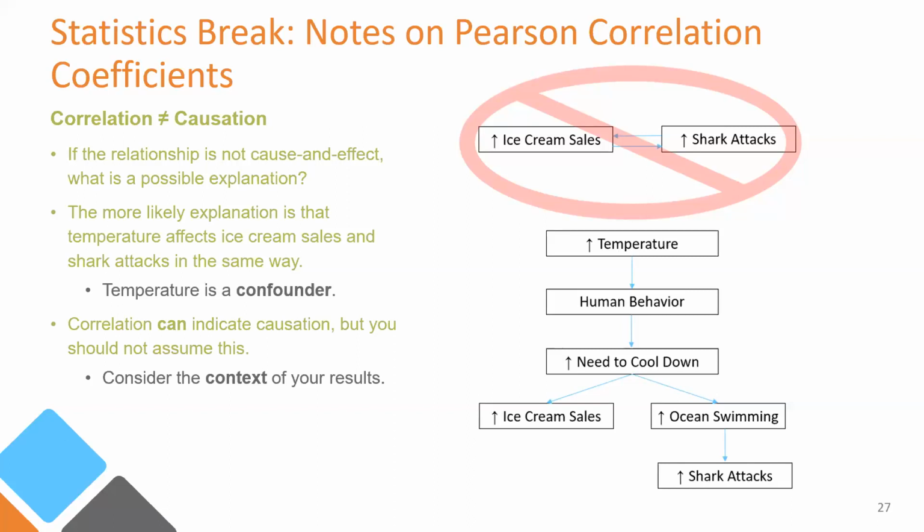That's a fancy statistical term that just means that temperature affects ice cream sales and shark attacks in the same way. Although correlation can indicate that two things have a cause and effect relationship, we can't assume that. We have to consider the context of our results for the most likely explanation for them. So next slide, please.